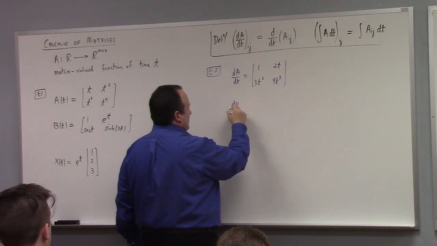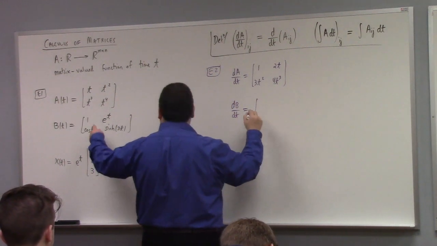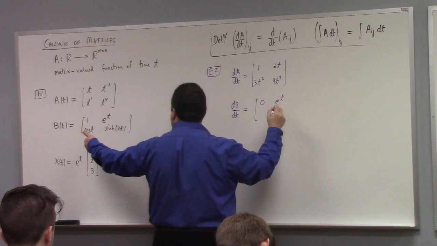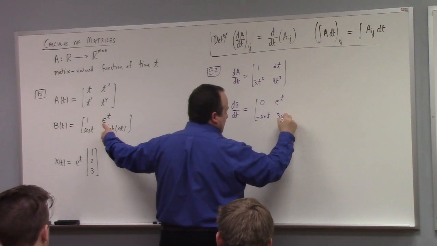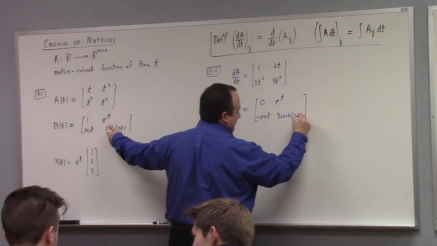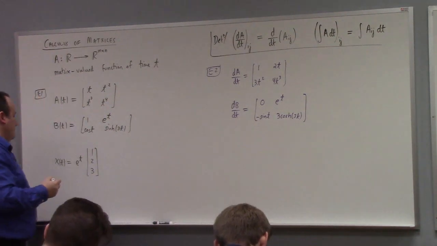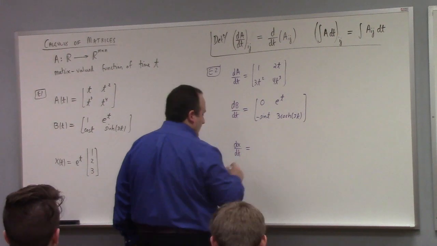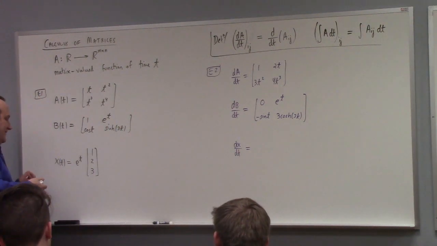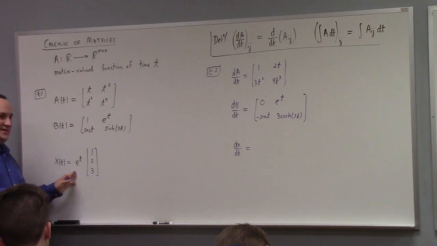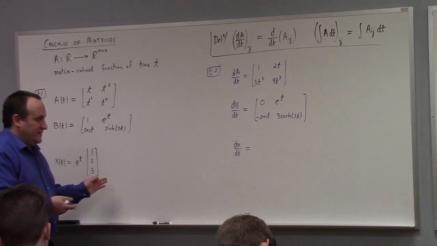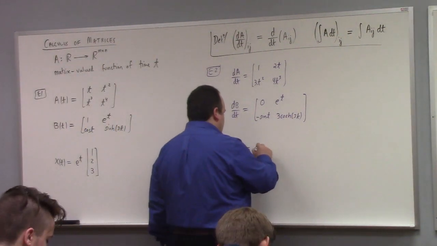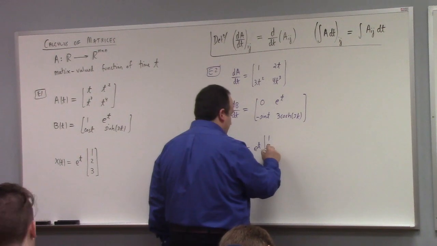We got ourselves dB/dt is 0, e to the t, negative sine t, 3 cosh 3t. And what's dX/dt here? Now here I'm just going to use a theorem that I haven't even stated yet, but if you've got a function times a constant vector, the way it works is you just differentiate the function and leave the constant vector alone. So dX/dt is literally e to the t times 1, 2, 3 again.